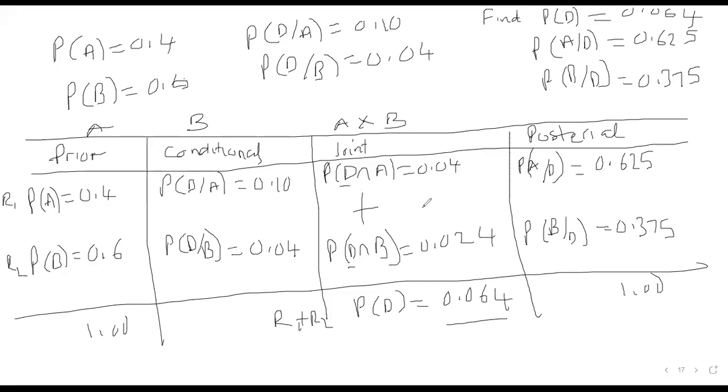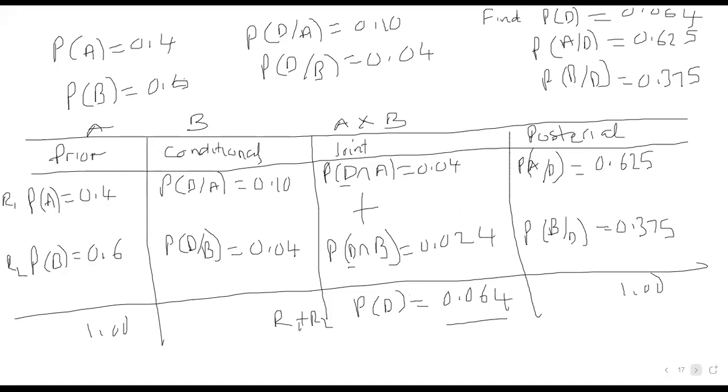But when you divide this one, intersection of this one divided by D, it will be A given D. If we divide this one over A, it will be D given A. The divisor is what comes down there.